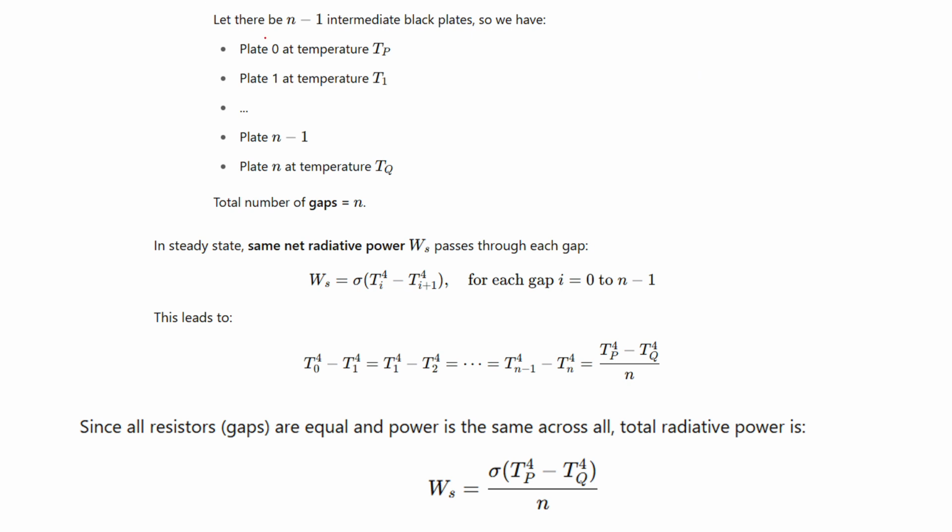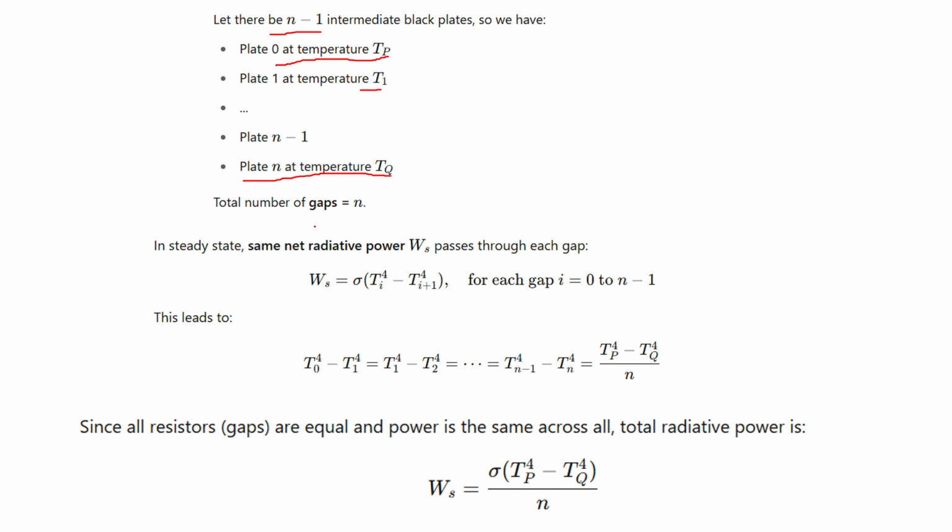where sigma is the Stefan-Boltzmann constant. Now suppose there are n minus 1 plates that are inserted, and we are assuming the first plate, that is 0, to be at temperature Tp, and likewise the first plate at temperature T1. Similarly, n minus 1 plates have been inserted, and so there are n gaps, and the nth plate is at temperature Tq.